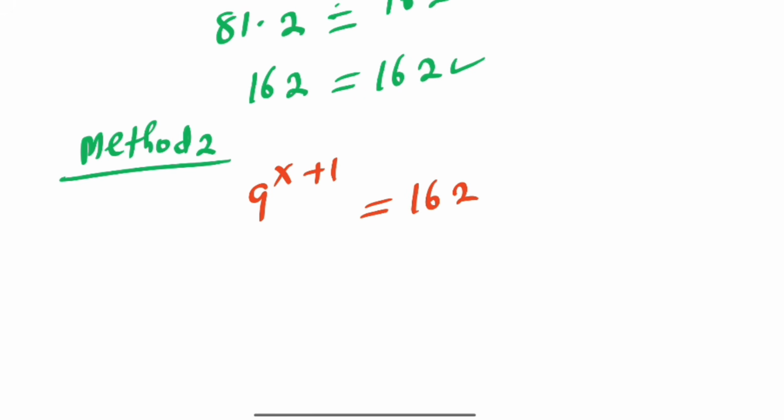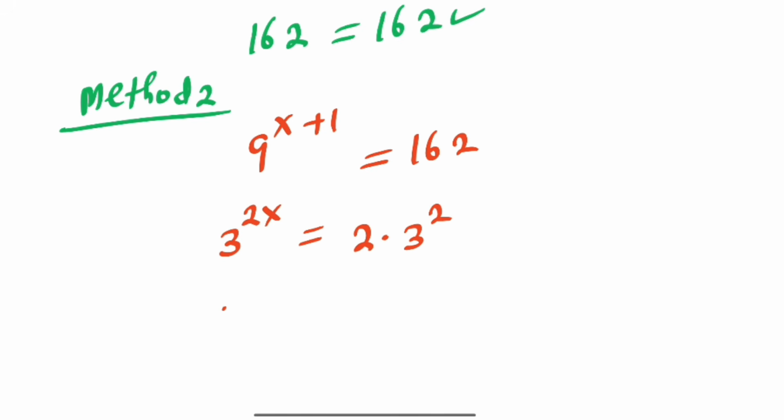And this is the same thing as 3 raised to power 2x is equal to 2 multiplied by 3 squared. Then 3 squared, that is 9. We have 3 raised to power 2x is equal to 2 multiplied by 9, that is 18.